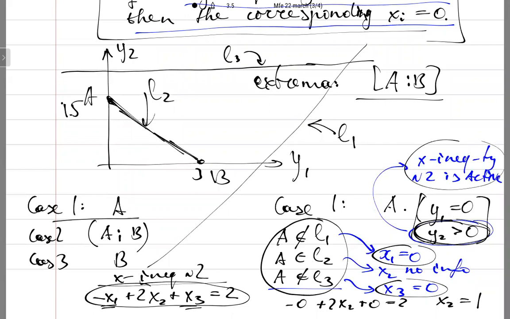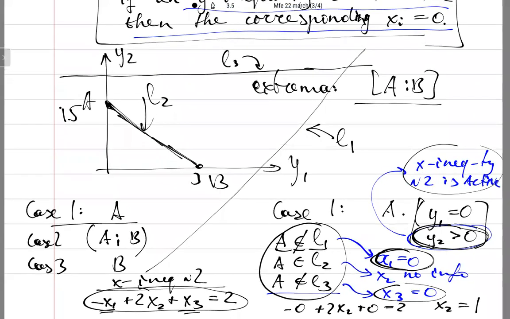From A belonging to L1, I conclude that x1 is 0. From inequalities, I conclude whether the corresponding x is 0 or not. From the positiveness of y, I conclude about active and non-active inequalities.